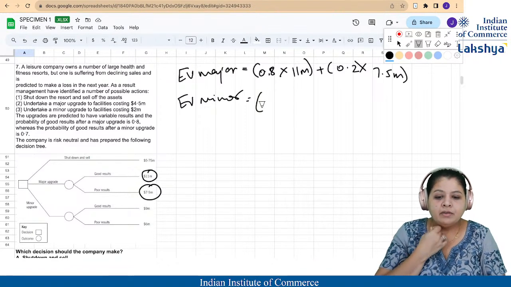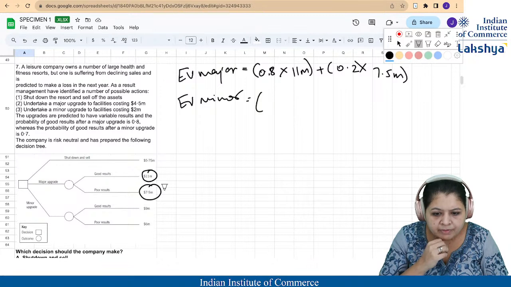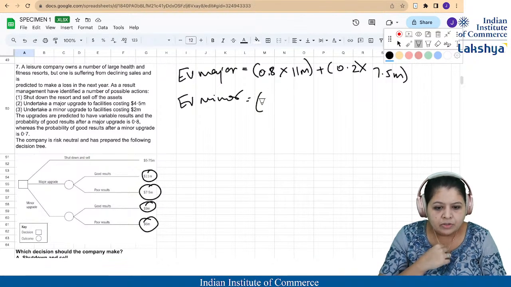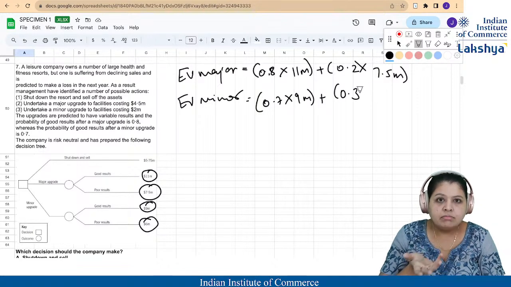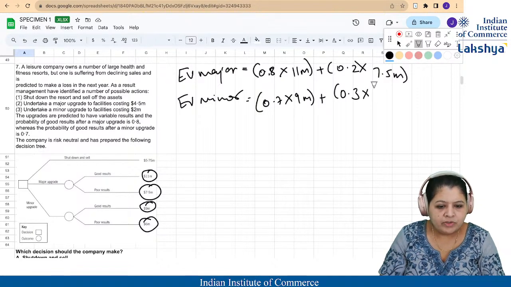For the minor upgrade, the values given for a good and poor result are 9 million and 6 million. So 0.7 times 9 million plus the difference, which is 1 minus 0.7, is 0.3 times 6 million.